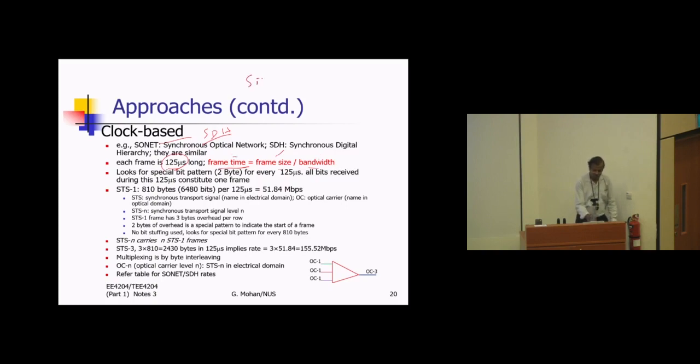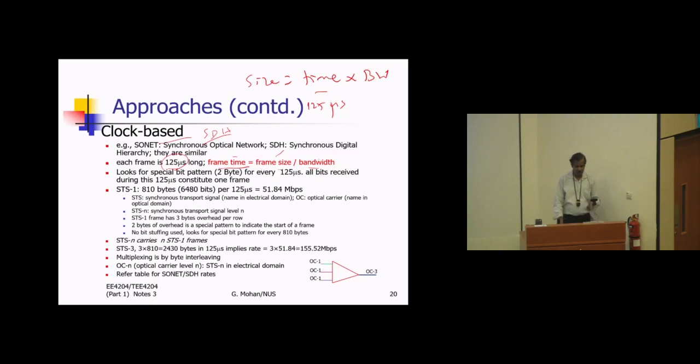That is, size equals time multiplied by bandwidth. The time is fixed, 125 microseconds. But if you transmit or receive from a higher bandwidth link within the same 125 microseconds, you will be receiving more bits, right? So the size is proportional to the bandwidth. That's a very interesting point here.